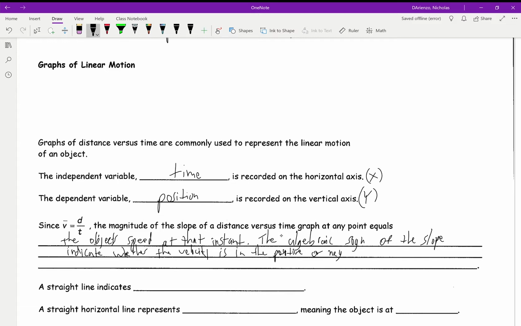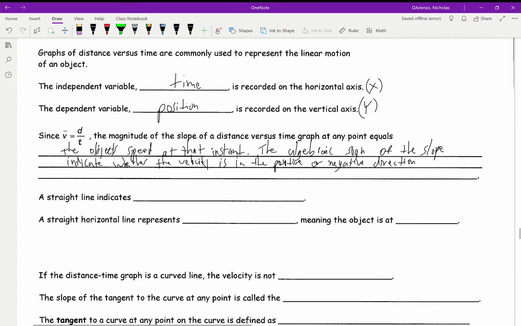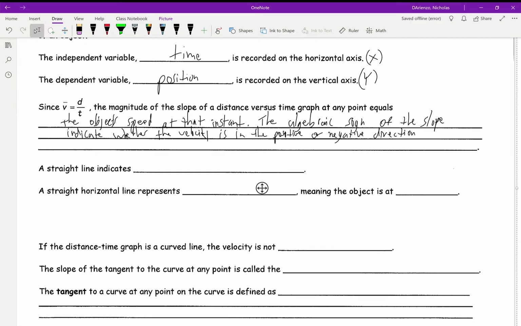So depending on whether the slope is positive or negative, it's going to tell us the direction in which that object is moving. And again, that's simply correlated to a direction, left, right, forwards, backwards, but they're always opposite of each other.